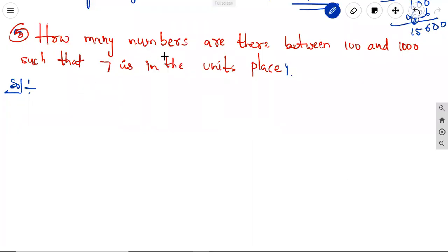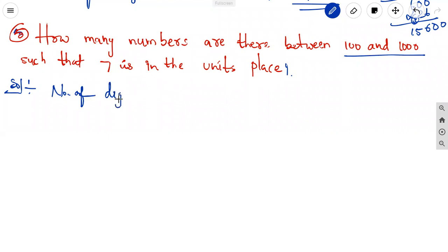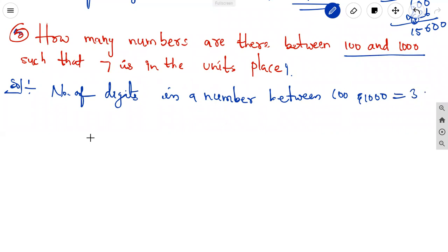Fifth problem. How many numbers are there between 100 and 1000 such that 7 is in the units place? Between 100 and 1000 means 3-digit numbers. 3-digit numbers have units, tens, hundreds places.